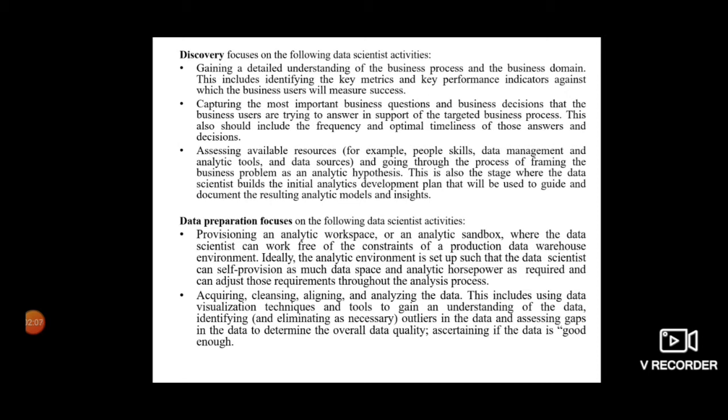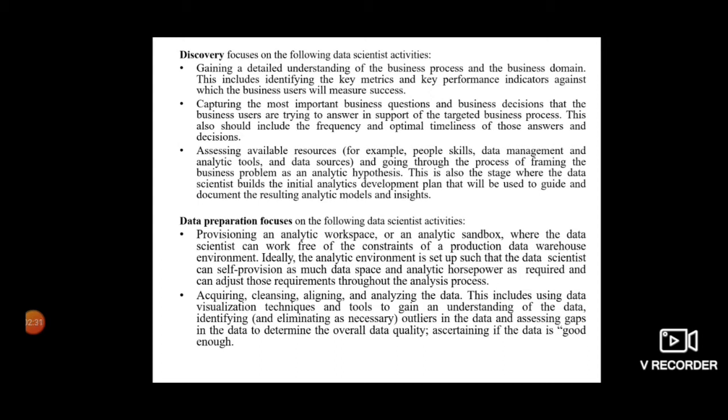The first activity is acquisition of a complete understanding of the business process and the business domain, which consists of recognizing the key metrics or the KPIs against which the business user will measure the success factors.